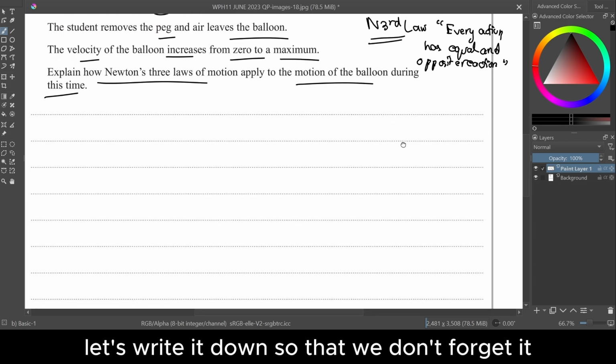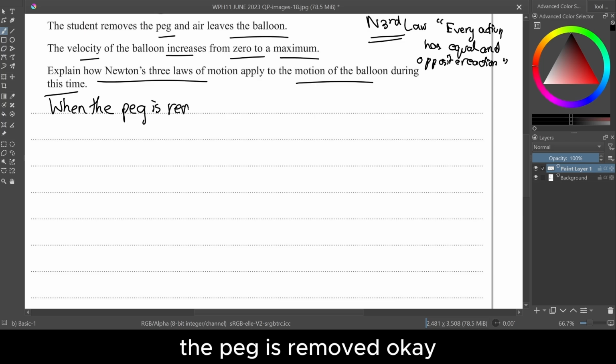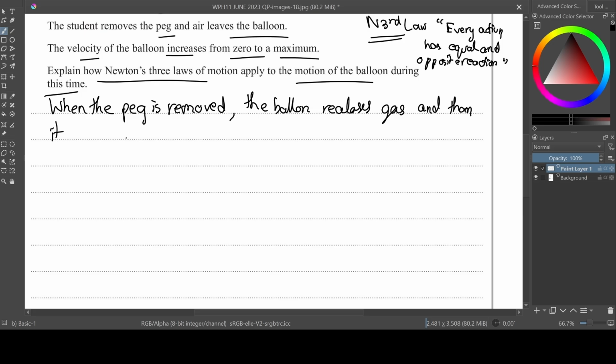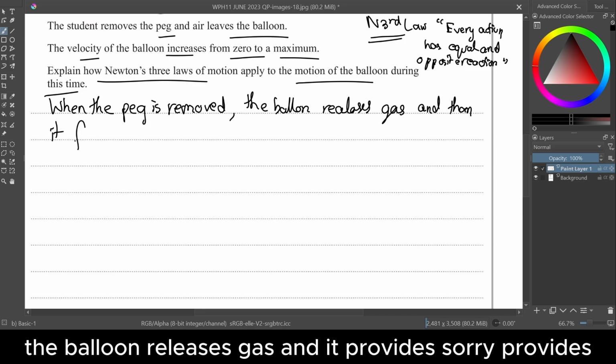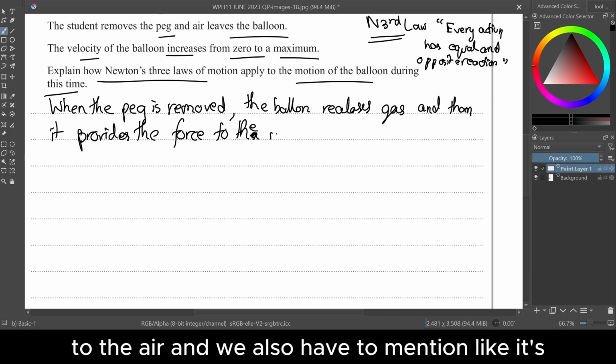Let's write it down so that we don't forget it. So what happens when the peg is removed? The balloon releases gas, and it provides a force to the air.